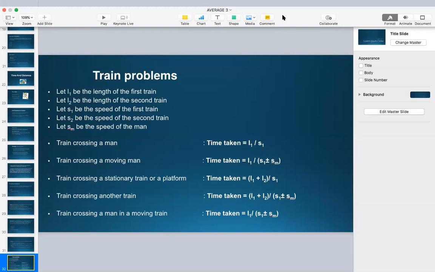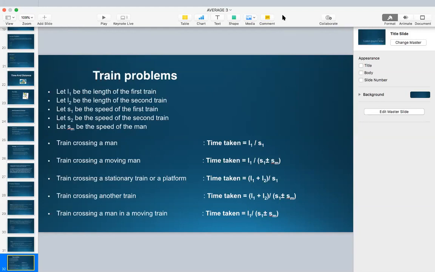And lastly, the fifth scenario is where we have to find out the time taken by the train crossing a man in a moving train. So the last scenario is, let's say you are sitting in a Rajdhani train, and there's a Shatabdi crossing you.